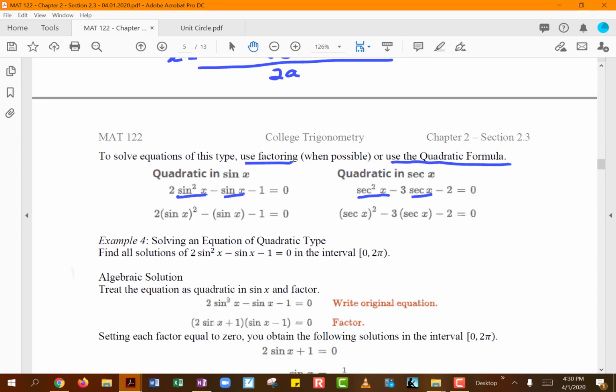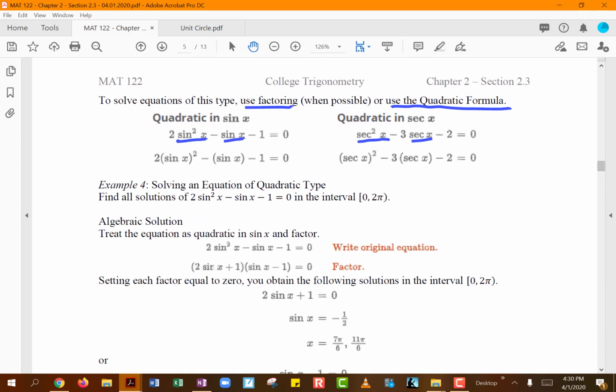So let's take a look at example 4 over here. You are given 2 sine squared of x minus sine of x minus 1 equals 0, and they're specifically asking us to find the solutions in the interval from 0 to 2 pi. So they are not asking you for the general form of the equation.